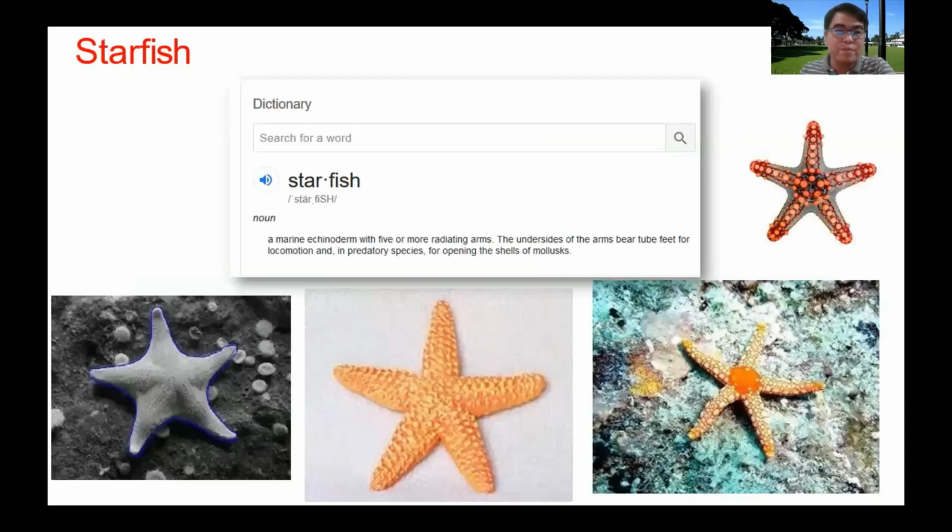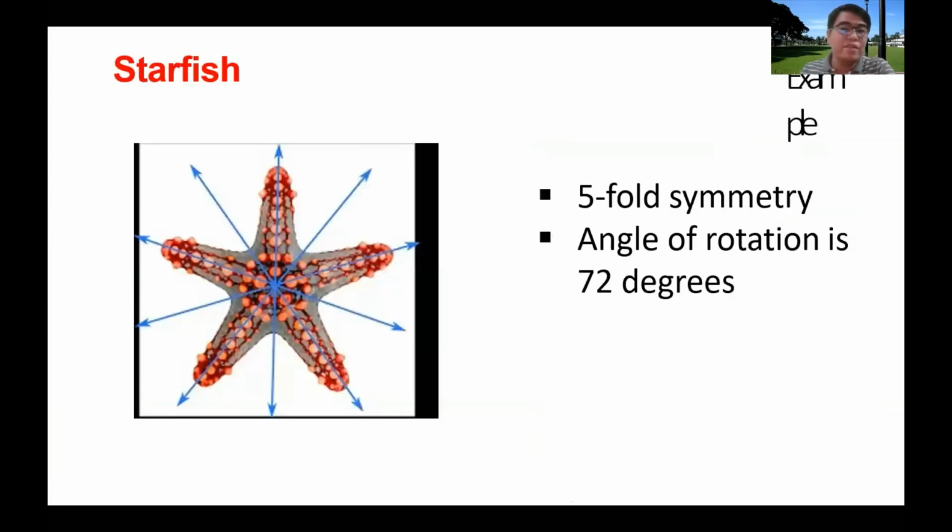The starfish is a marine echinoderm with 5 or more rotating arms, and it has 5-fold symmetry and an angle of rotation of 72 degrees.